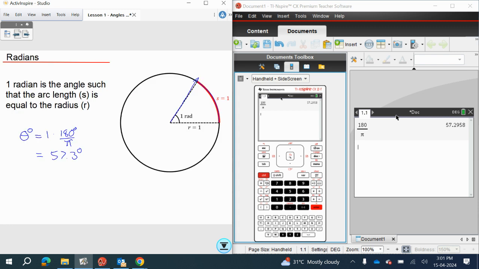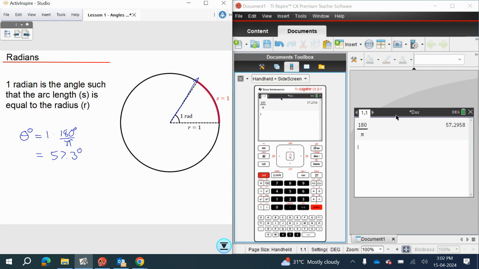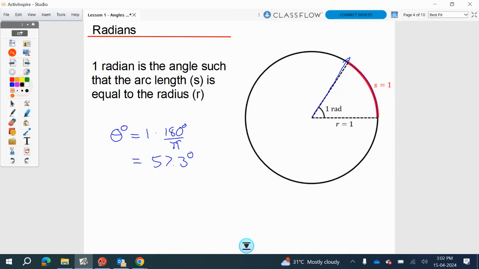Okay, so let me just play with this a little bit. If we have the formula here, let me just make this a little bit bigger. If we have this formula, theta in degrees is equal to theta in radians times 180 over pi.